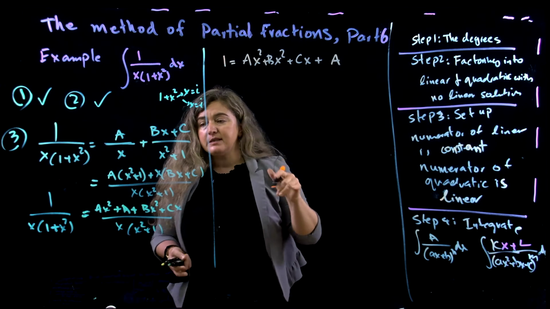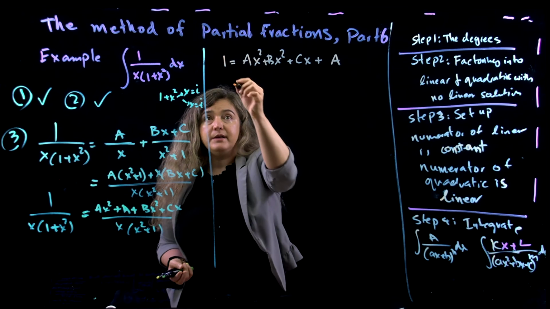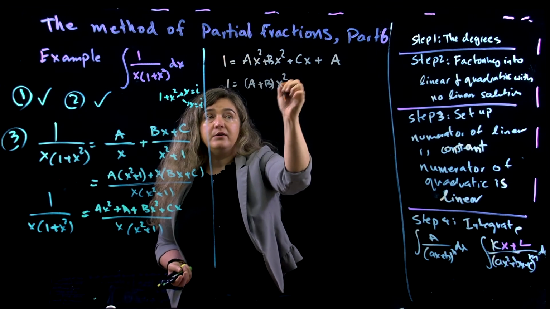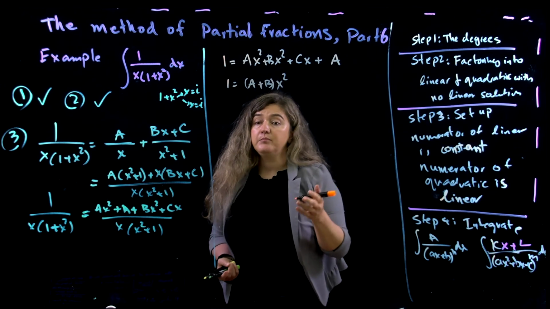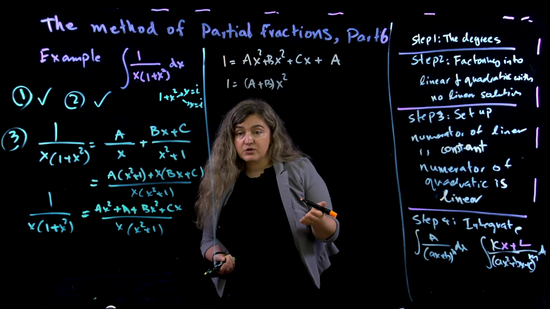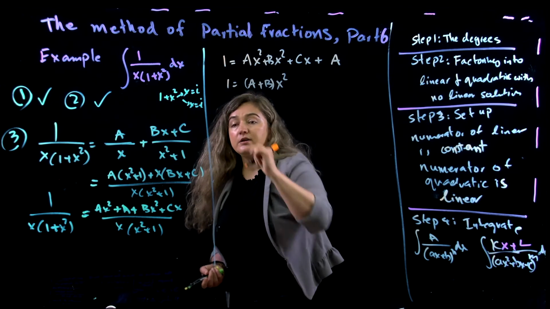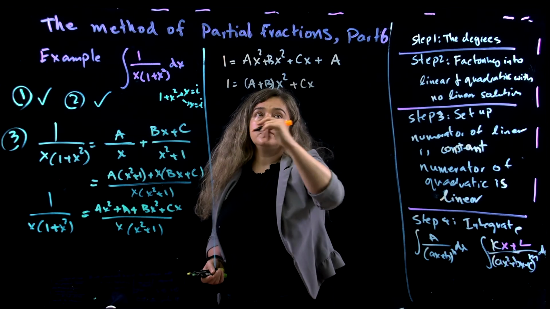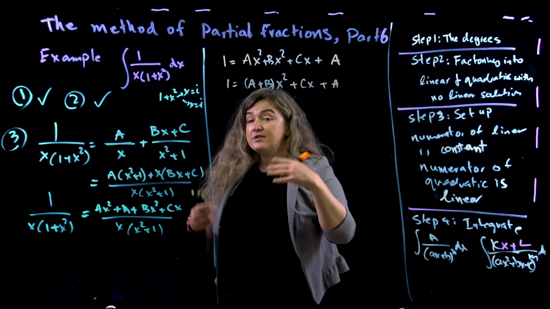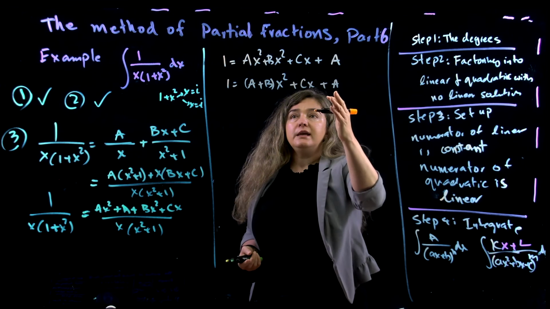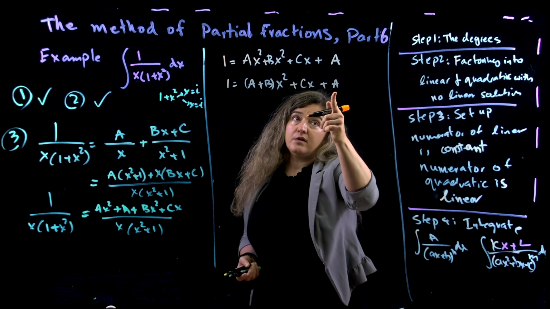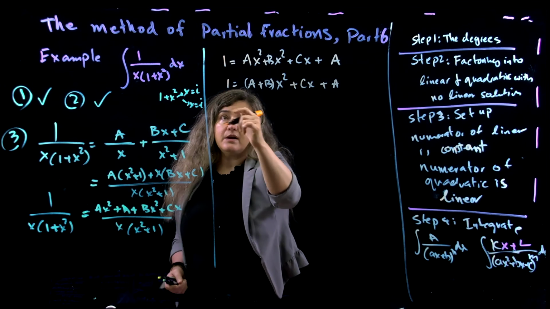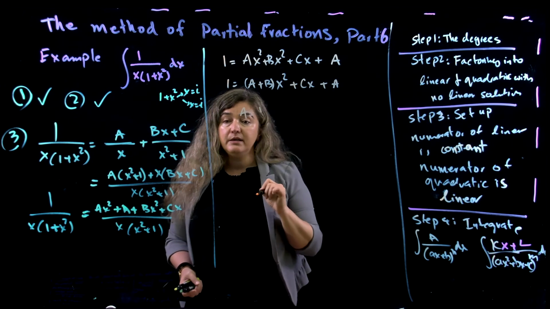And you notice that I put the x squared terms together because I want to make the coefficient of x squared equal to the coefficient of x squared on the left side, and I want to make the coefficient of x equal to the coefficient of x on the left side, and so on and so forth. Here, the easiest one to solve is a. a is the constant, and on the left side it is 1, so a is equal to 1.